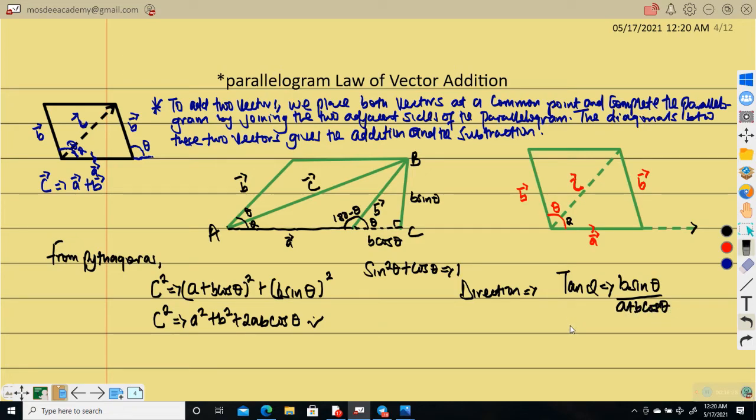So directly we say alpha, which is the direction of the resultant of the parallelogram law of addition, we just do tan inverse of B sin theta over A plus B cos theta.